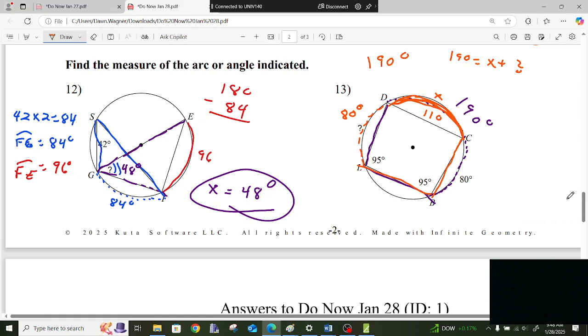This also has to be 190 because this says 95. 95 times 2 is 190 right here. That has to be 190 because you have to double the 95. Well, if this is 110, what's 190 minus 110? 80. That's why that other side's 80.